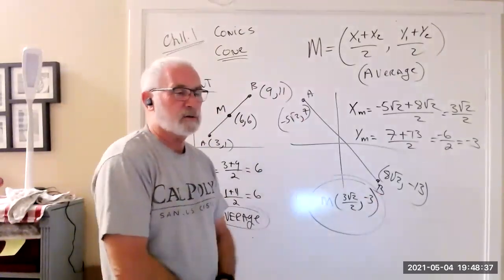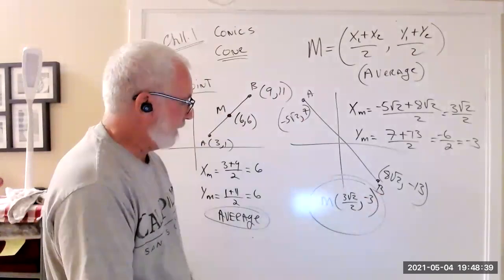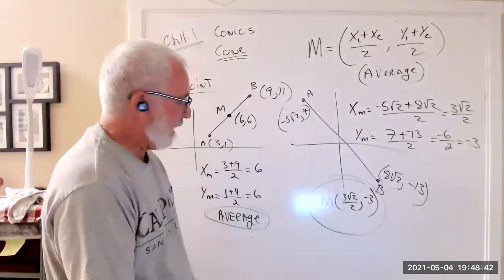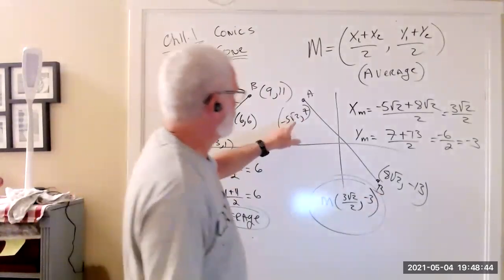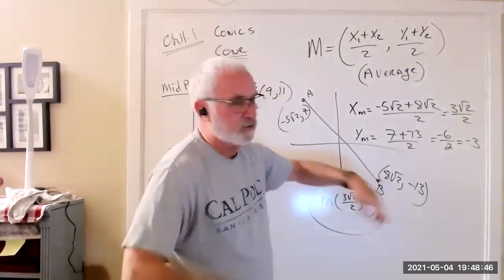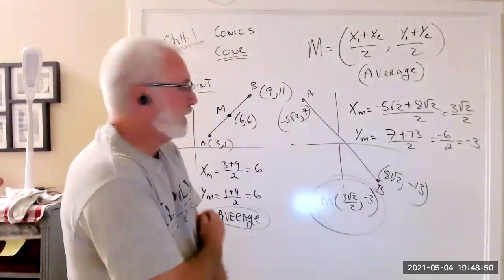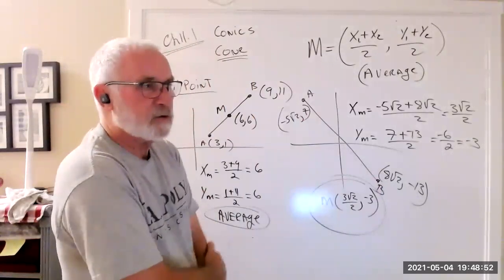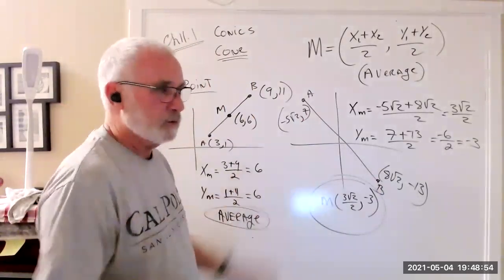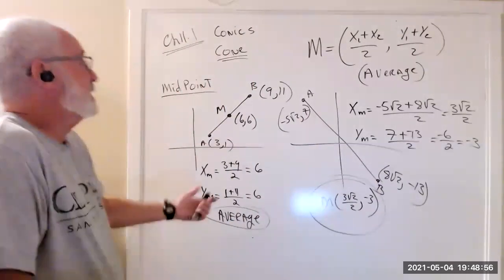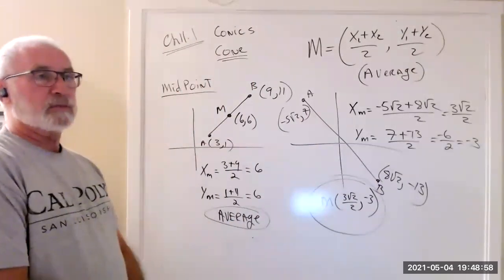That's all there is to it. Would you want an actual answer for 3 square root 2? No, because if I gave it to you as radicals, just leave it as radicals. Now they might give it to you as decimals, so you do it as decimals, whatever. But that's it. That's called the midpoint. Pretty simple.